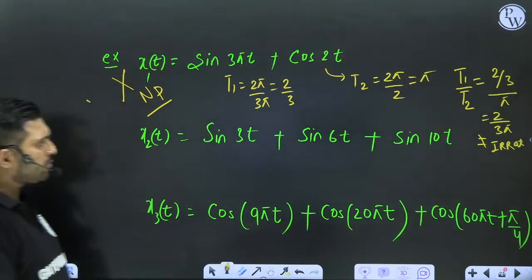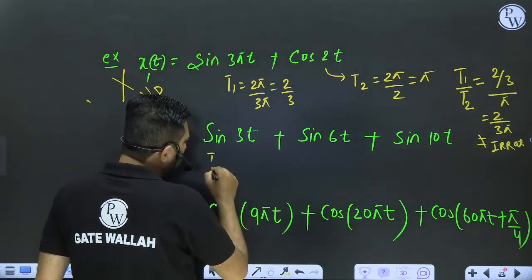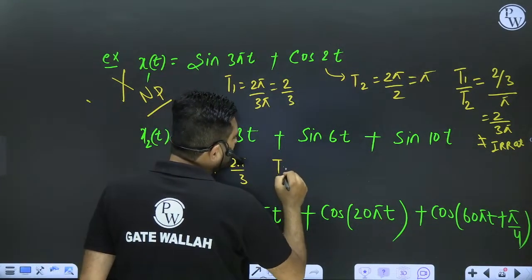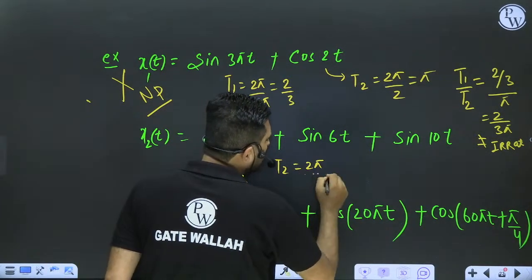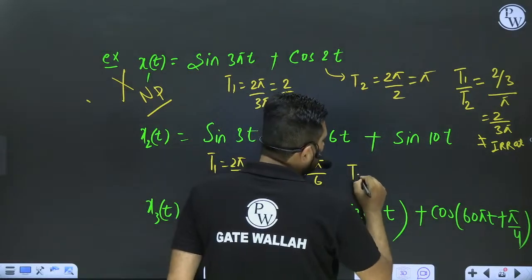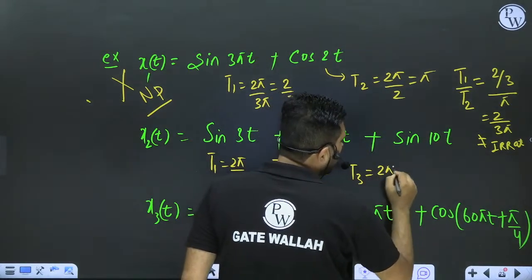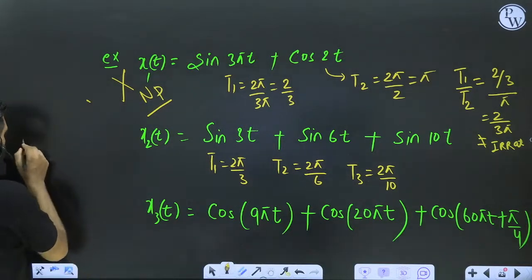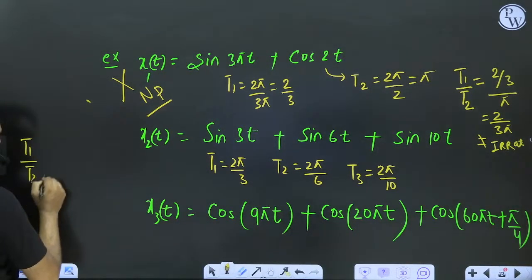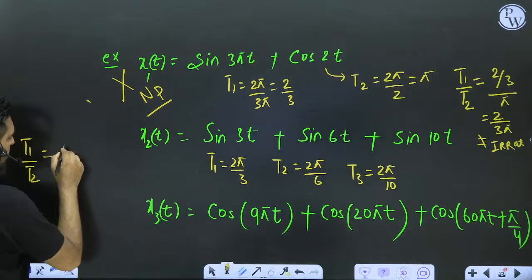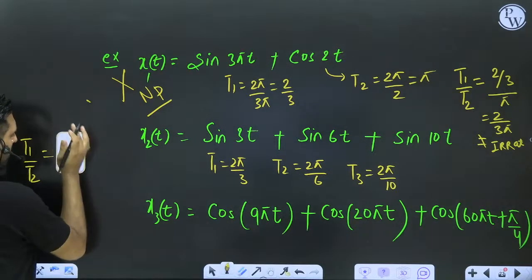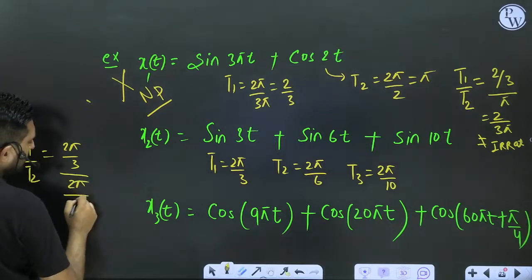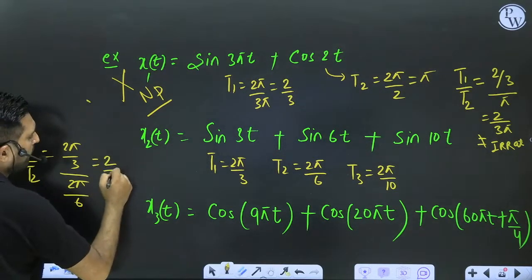But let's check out this one. If you consider T1, it is 2 pi by 3. T2 is 2 pi by 6. T3 is 2 pi by 10. What is T1 by T2? T1 by T2 is 2 pi by 3 by 2 pi by 6, which comes out to be 2 by 1.